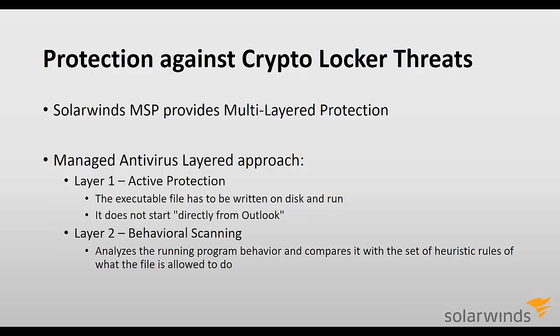If the file's behavior is found malicious, the process is killed automatically, even though it was not detected by the Bitdefender engine. So Bitdefender uses behavioral scanning capabilities to maximize effectiveness against hard-to-detect threats such as CryptoLocker.